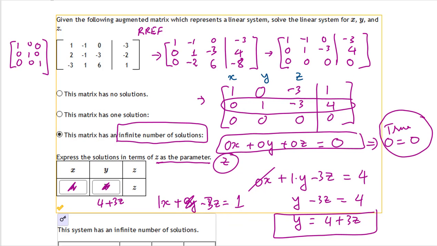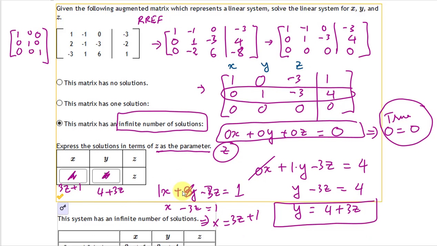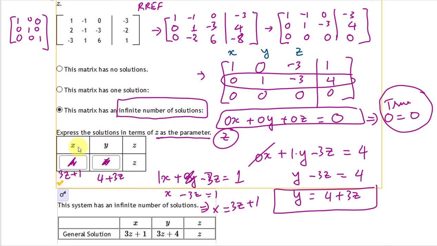So I don't care about y because that's 0. So we have x minus 3z equal 1, and therefore adding 3z on both sides, x equal 3z plus 1. So x is in terms of z, which is 3z plus 1. And you see that z is equal to z, and then x and y, they are in terms of z. And that is how you got the system of equations with infinite number of solutions.